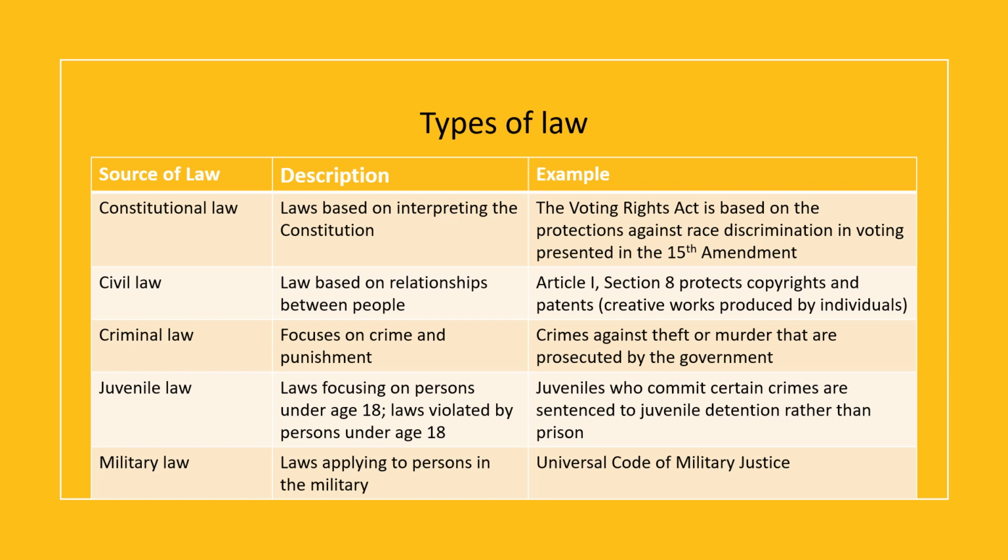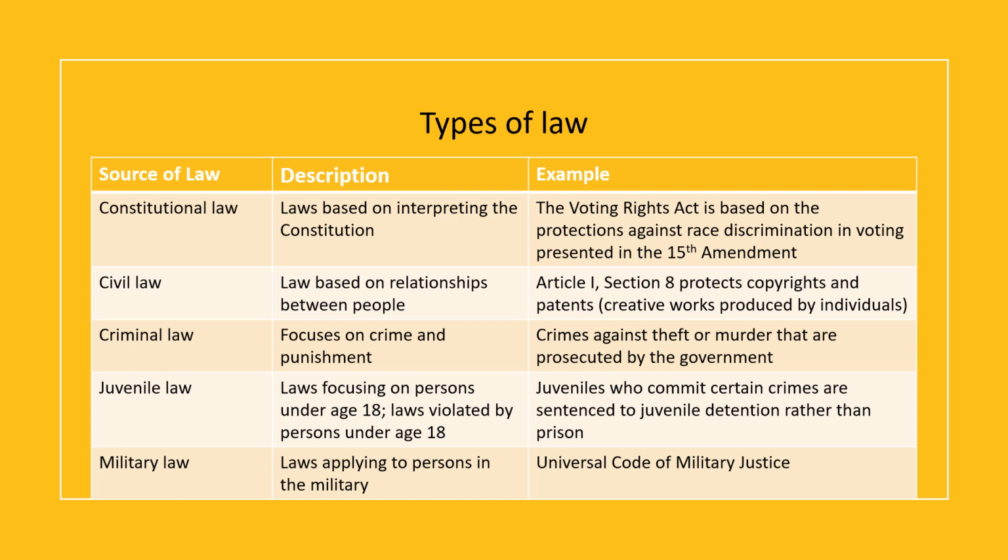So crimes against theft or murder that are prosecuted by the government. When a person is subject to a crime, if somebody has something stolen from them, or someone commits arson, which is using fire to destroy something, or steals a car, even though I might own that car, in addition to it being a crime against me, that's also a crime against the government because this person has violated the law.